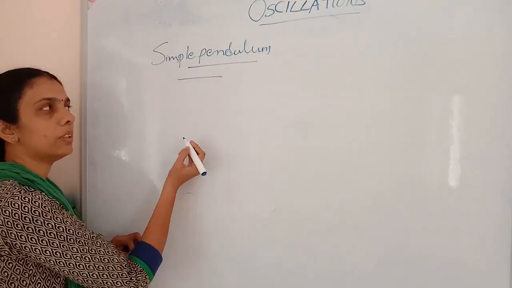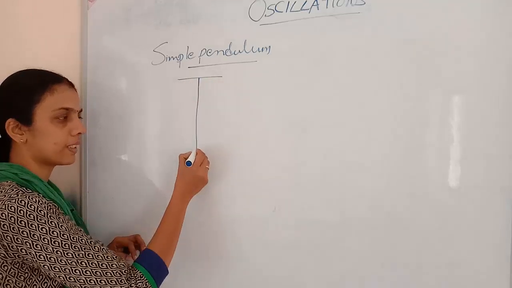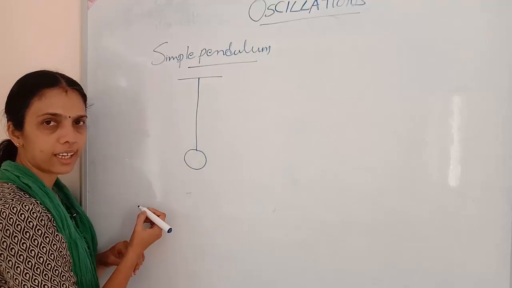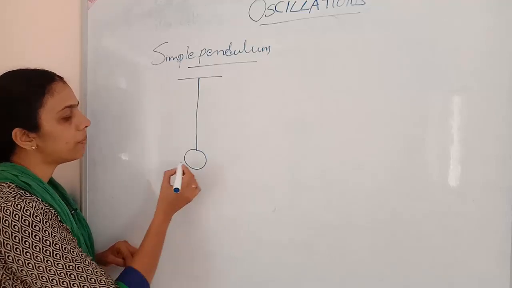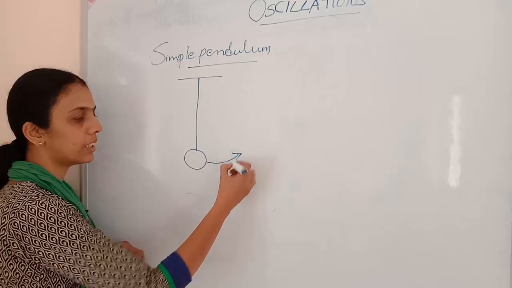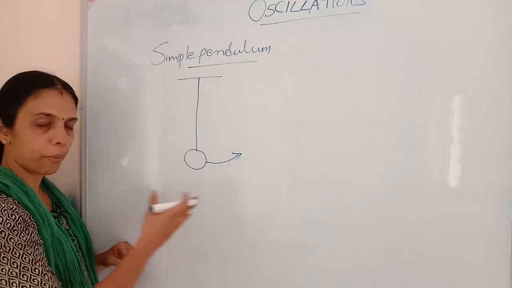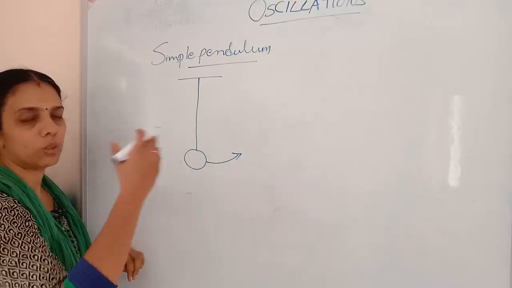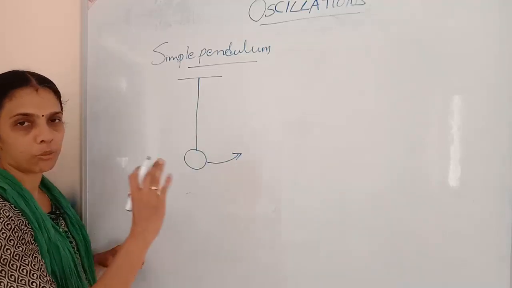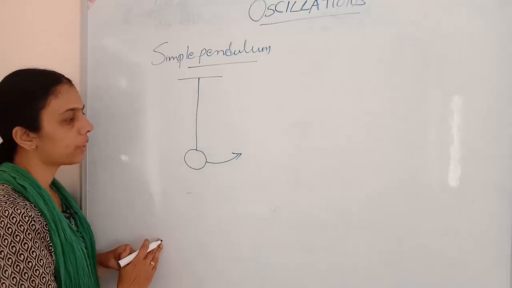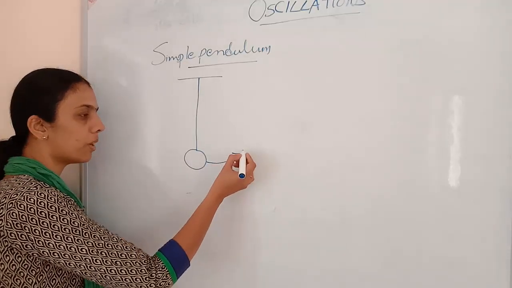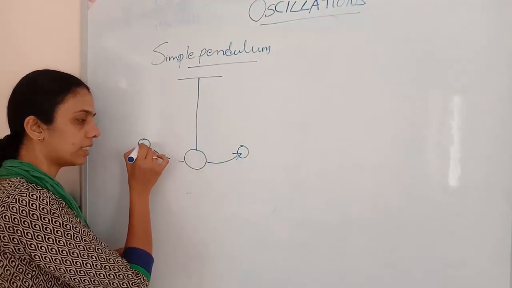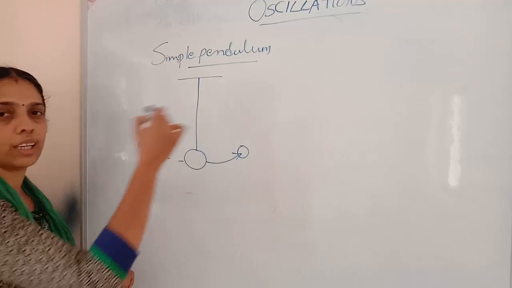So what is a simple pendulum? From a rigid support, a string is there, and a small bob is connected at the end of the string. When we apply a small force in this direction and release, the bob will be executing simple harmonic oscillations. The bob will move in this manner, reach here, and continue like this.